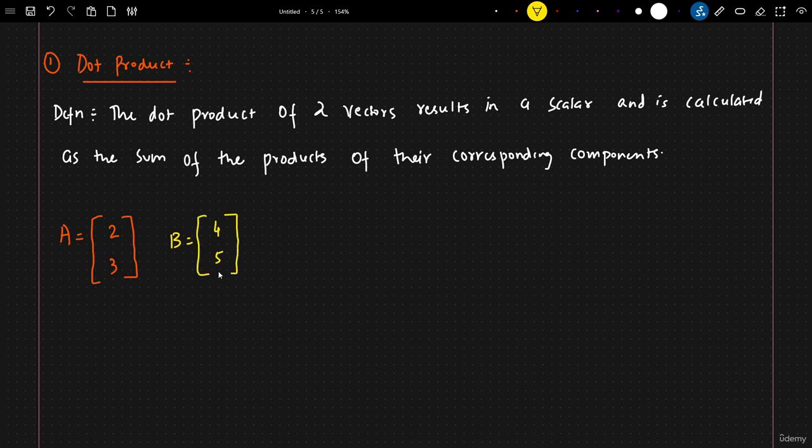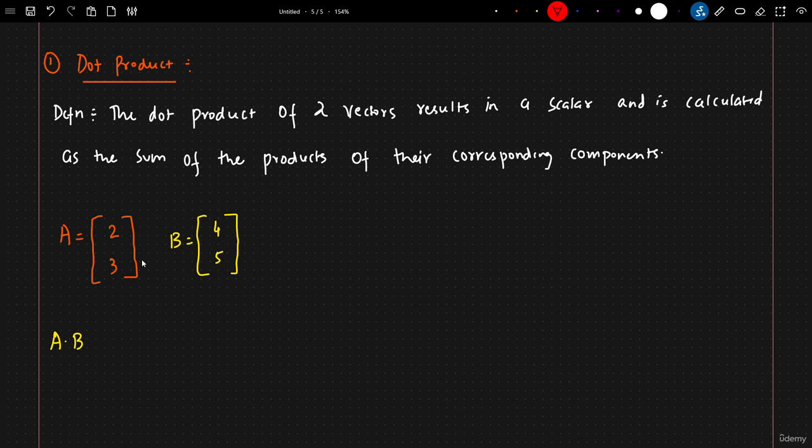Now, in this scenario, what is the dot product A dot B? We will basically use the dot product like A dot B. It is very simple. What we do is that we take every element, like let's say we take 2 and we take the 4 value. So this is basically my x coordinate and y coordinate, similarly x coordinate and y coordinate.